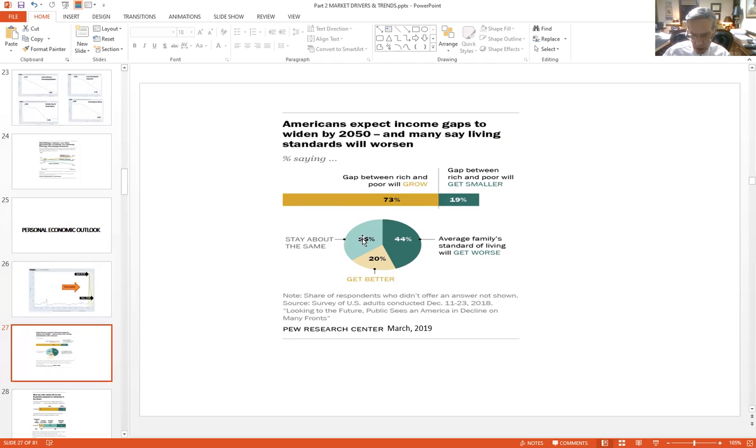Now, whether these expectations come true is another matter, but if the people who answered the survey are correct about their personal outlooks, this is troubling.